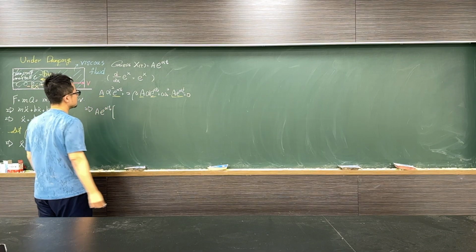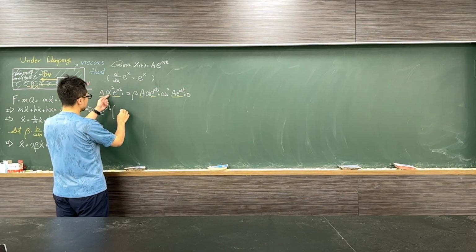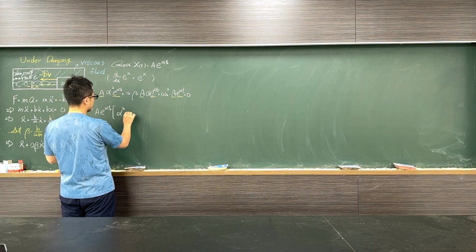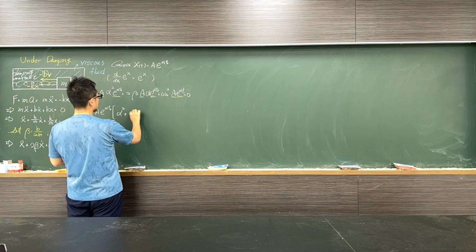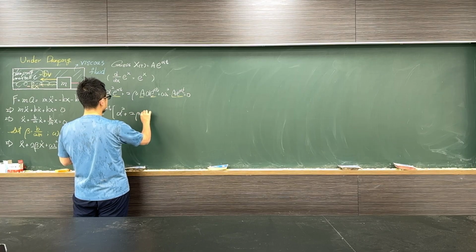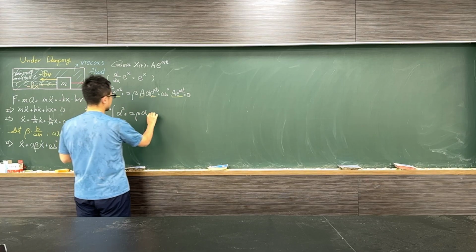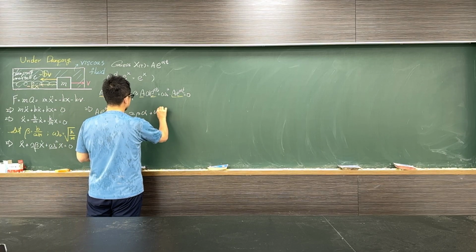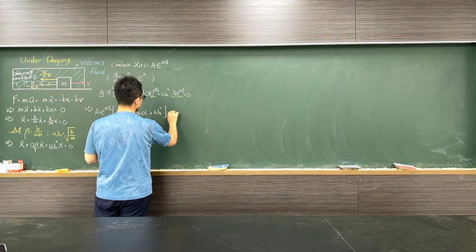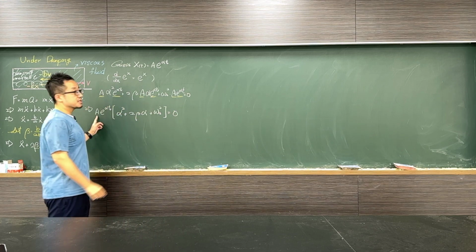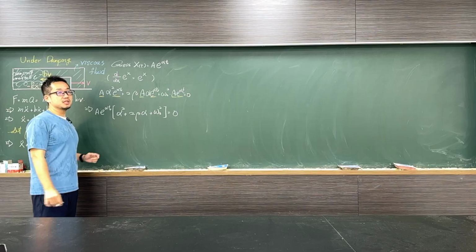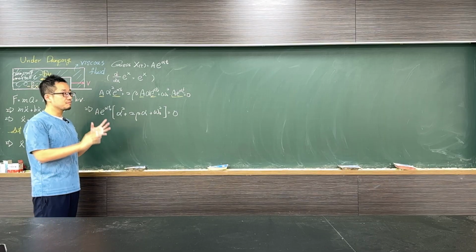And what we are left with in the bracket is alpha squared plus 2 beta alpha plus omega naught squared. All right, since it equals 0, a is a constant and e to the alpha t power cannot be 0.